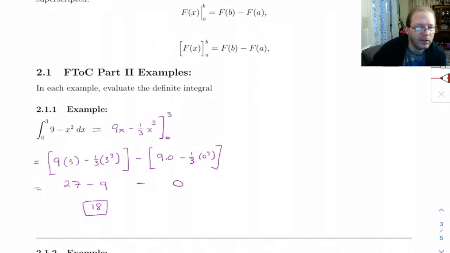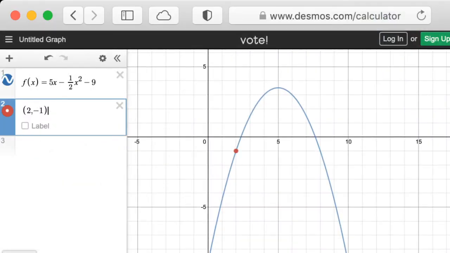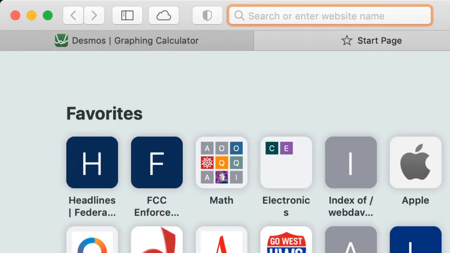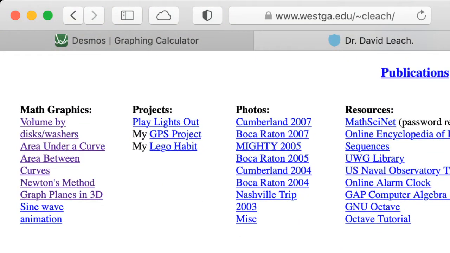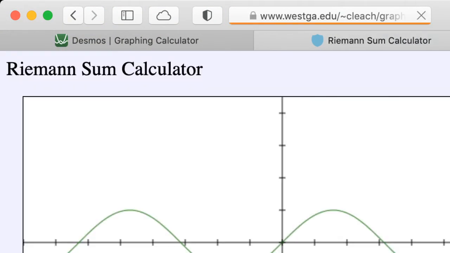What I'd like to do is check this by comparing it to the calculator. So let's do this. I'm going to have to pull this up. Let's see. Area under a curve.